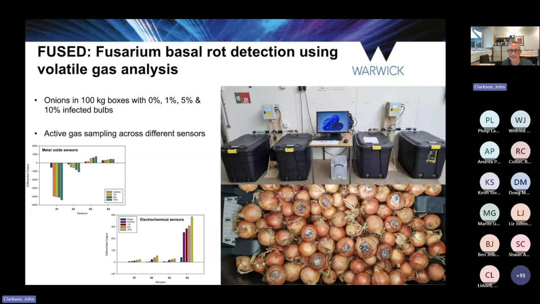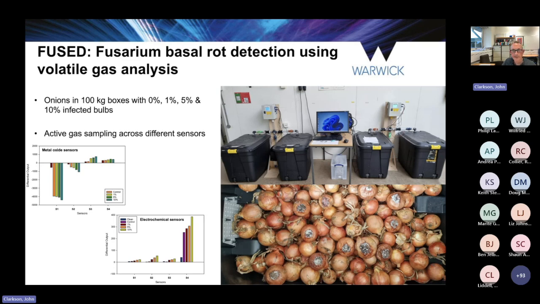Basically, those black containers contain healthy onions mixed with different amounts of infected onions, and James rigged up his gas sensors, testing different sensors for their reaction to these different amounts of infected onions. These graphs show the sensor responses, but the take-home message is that yes, we can identify sensors that do respond to the presence of infected onions.